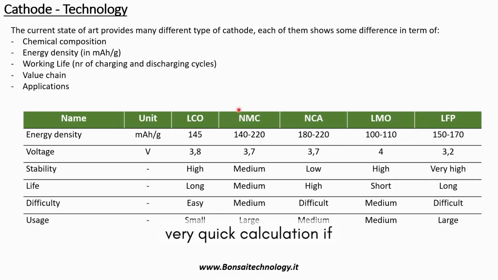So with a very quick calculation, if we consider 220 milliampere hours per gram times 3.7, we are talking about 814 milliwatt hours per gram.